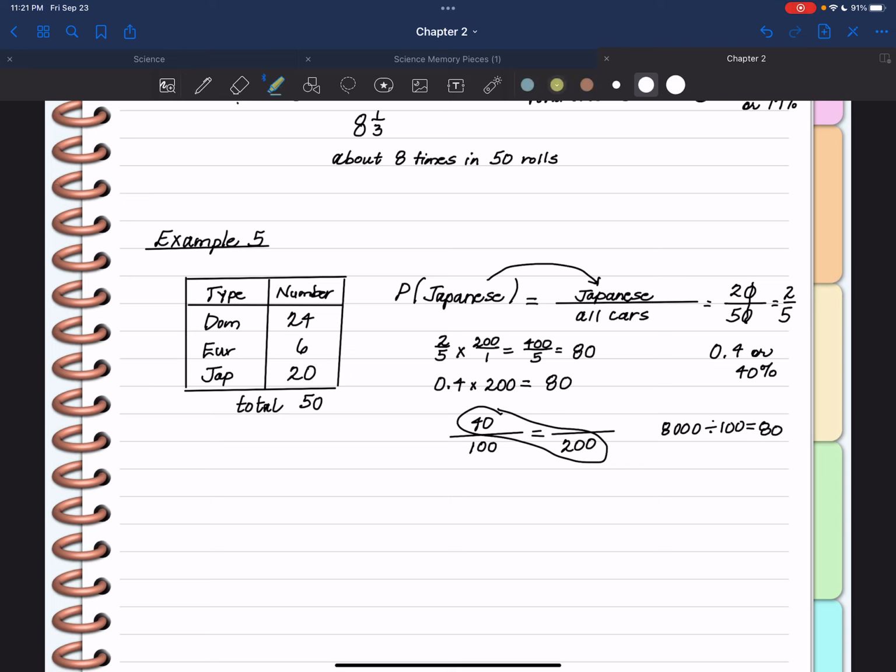Just wanted you to know that any of these ways will work to get your answer, because all of those percentages are the same. 2/5, 0.4, 40%, they're all equal amounts. So any of them will work in your calculation.